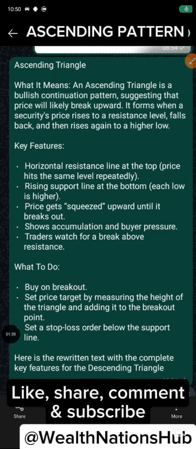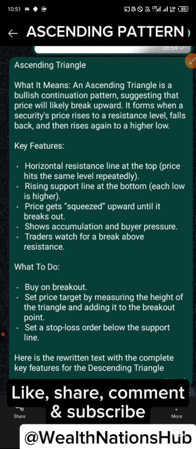Now, before we go into the demonstration properly, we will look at the theoretical definition of the ascending triangle and what it means. An ascending triangle is a bullish continuation pattern suggesting that price will likely break upward. It forms when a security price rises to a resistance level, falls back, and then rises again to a higher low.